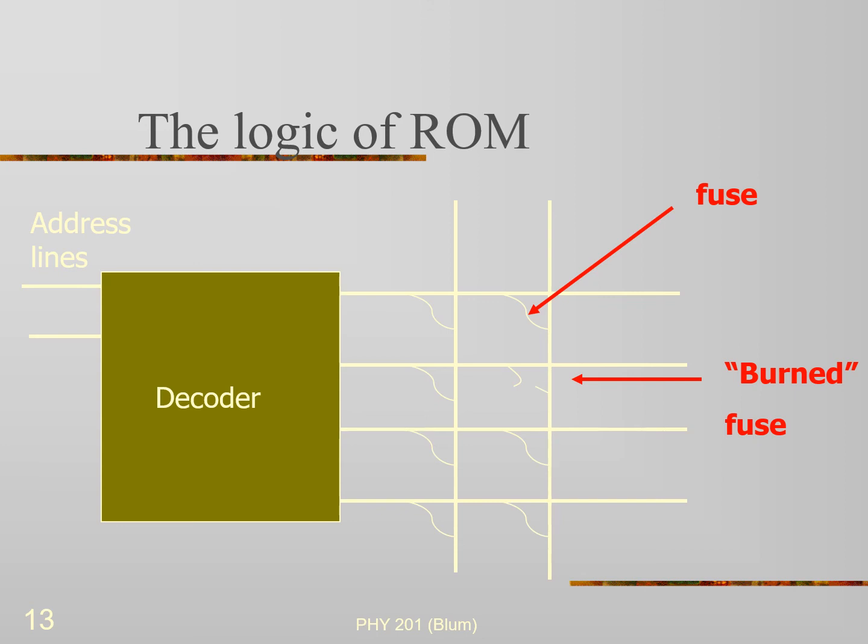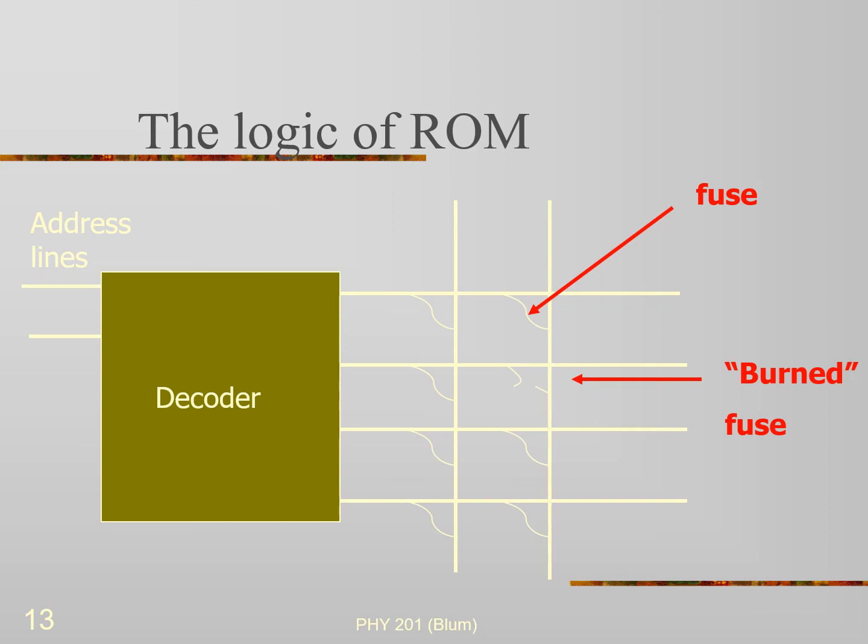So there are fuses that might connect the horizontal lines coming from the decoder and some vertical lines. And some of the fuses can be broken open. And so in the process of writing ROM, we decide whether the fuses are connections or broken connections.